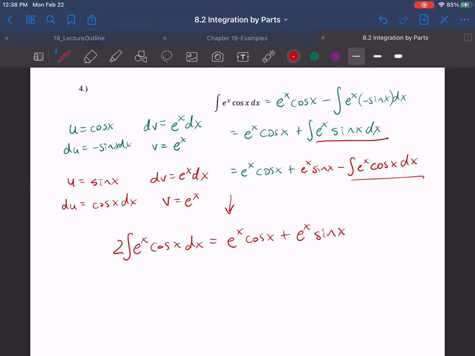See that? Then I'm going to divide both sides by 2. And I get integral e to the x cosine x dx equals e to the x cosine x plus e to the x sine x over 2 plus c. Family of solutions, right?